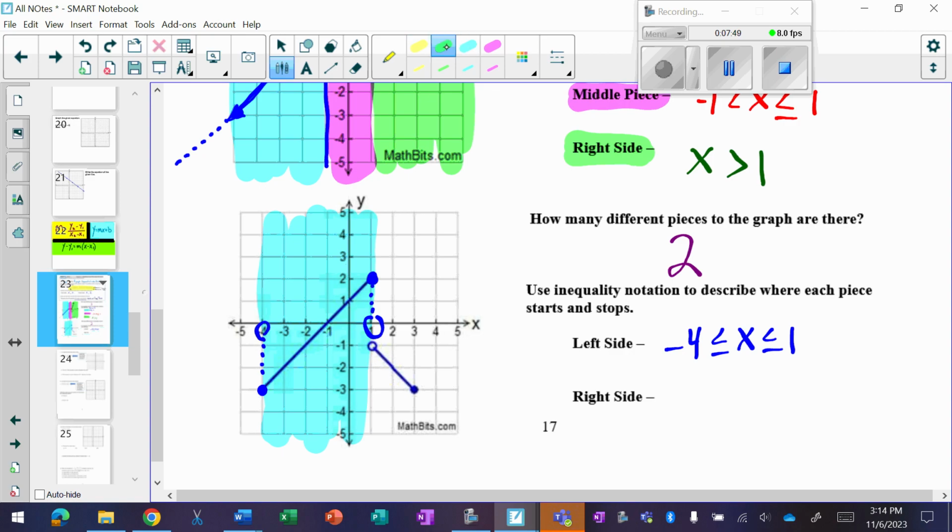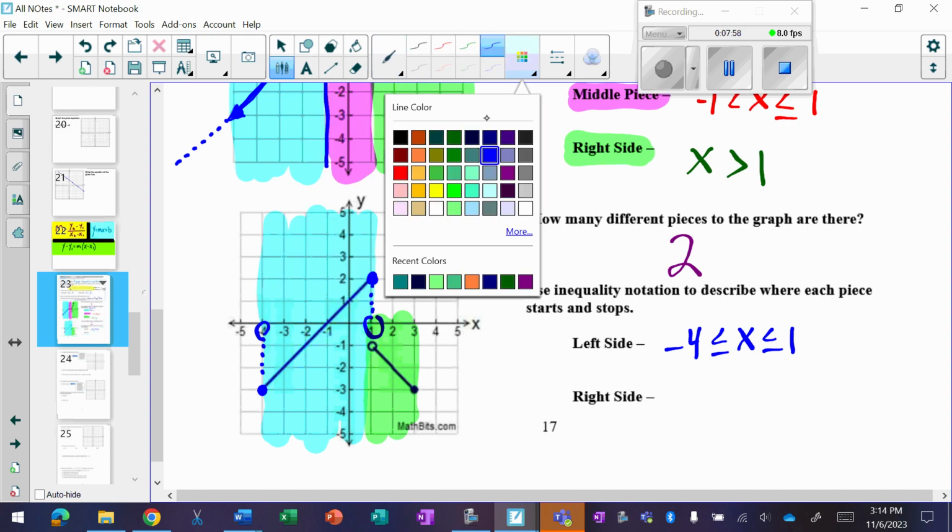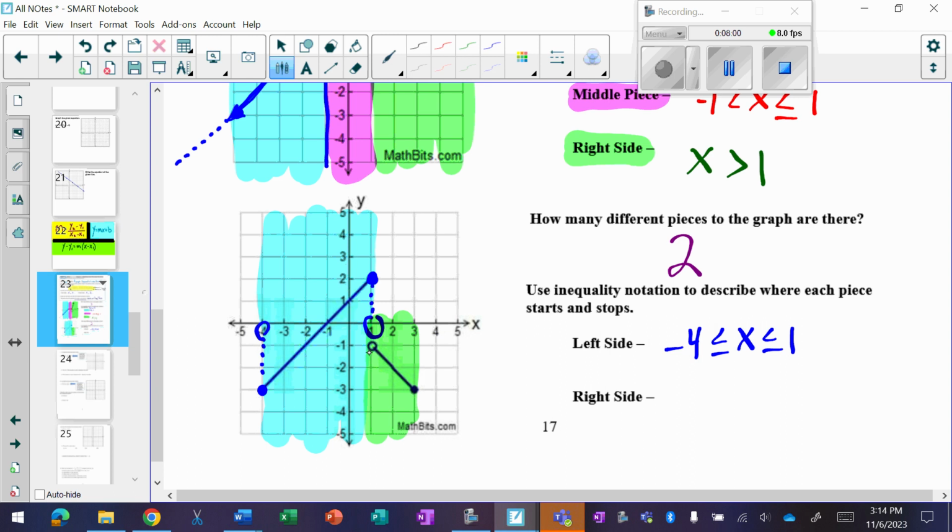The right side, the next section, starts at +1 but stops when x is 2. I'm sorry, when x is 3. So this one starts with an open circle at 1 and stops at a closed circle at 3. It starts at 1 but not included, so it's an open circle at 1, and then a closed circle when x is 3.